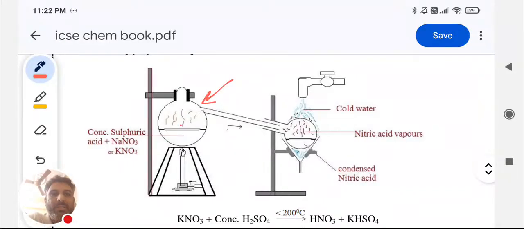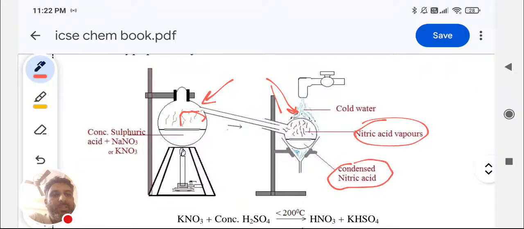So these nitric acid vapors will be passed into this round bottom flask here, and cold water is poured onto this round bottom flask so that the vapors of nitric acid will be condensed to give liquid nitric acid.